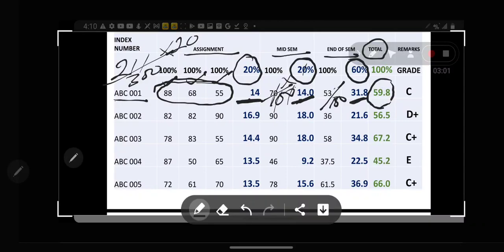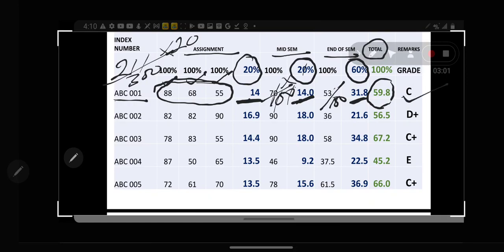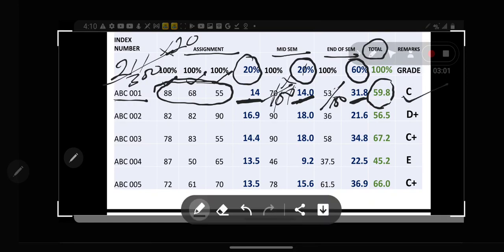So this is going to be your total score at the end of the semester for maybe anatomy or whatever. 14 plus 14 is 28, plus 31.8 is 59.8. The grade for 59.8 is C, approximately 60.